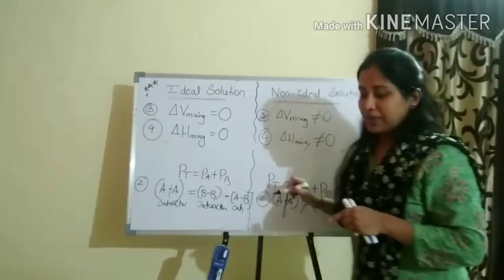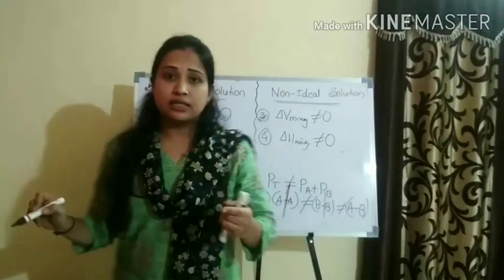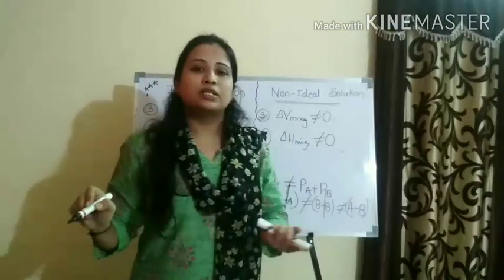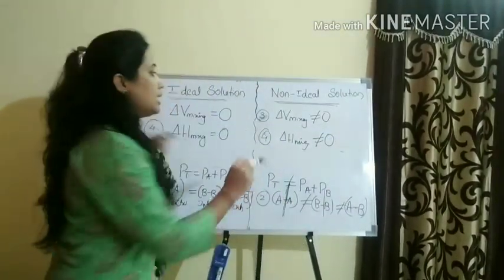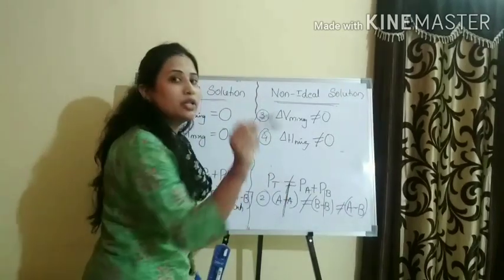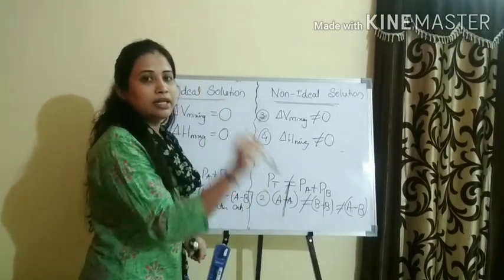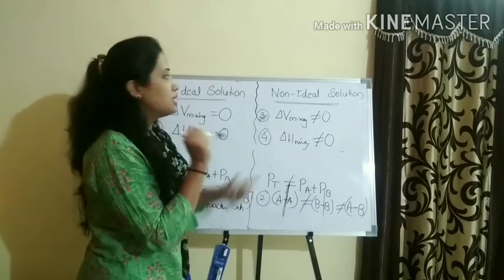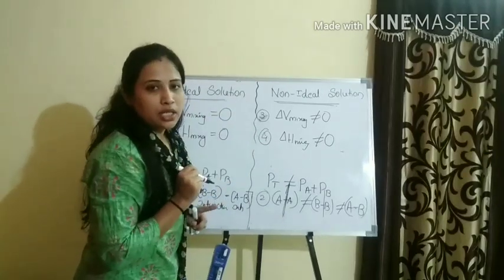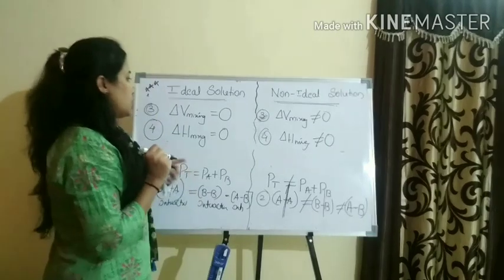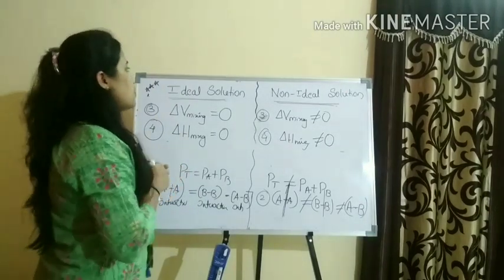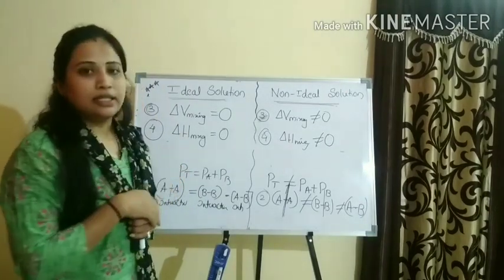Obviously the making and breaking of a bond requires energy, or it may involve the release of energy. So delta H upon mixing is not equal to 0. Means there is some amount of enthalpy generated or absorbed during this non-ideal solution. Clear? Okay. So these are the differences between the ideal and the non-ideal solution.